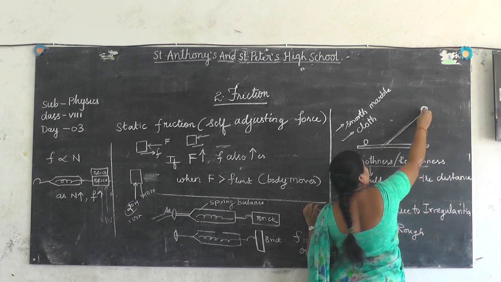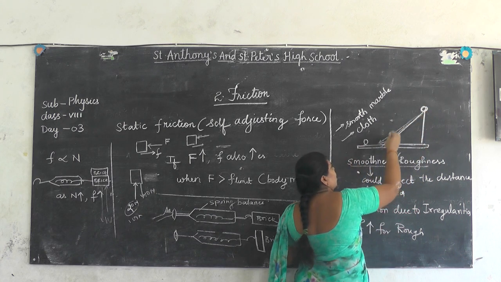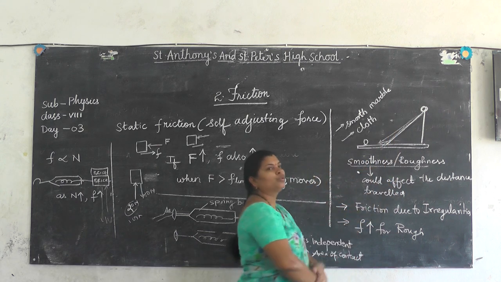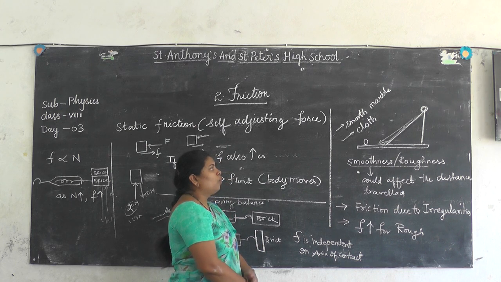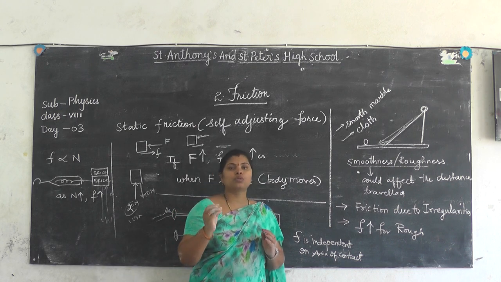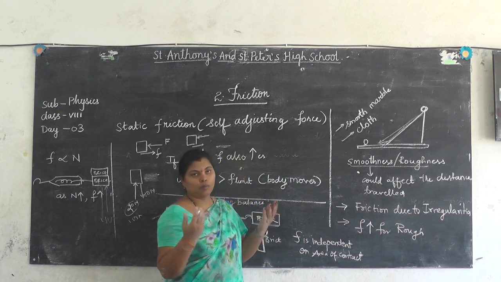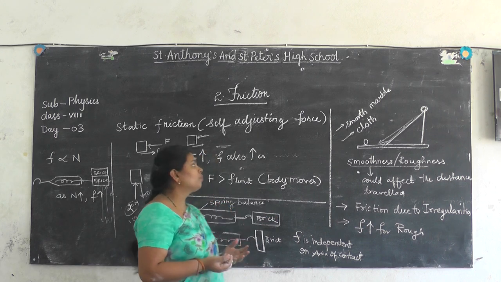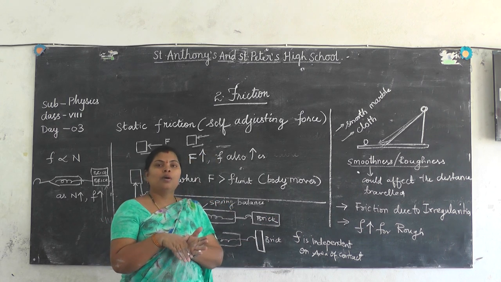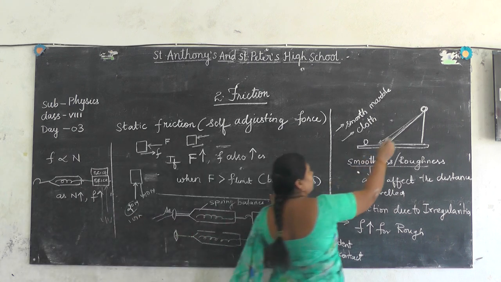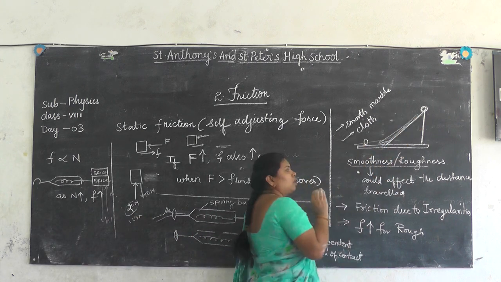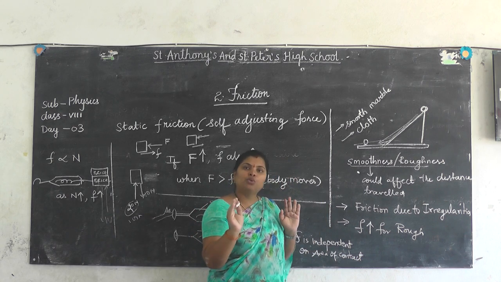I allow my marble to slope down through the inclined plane. Now the ball, or a marble or anything, will move very fast and it will move a long distance. It will travel more distance if the surface is very smooth.